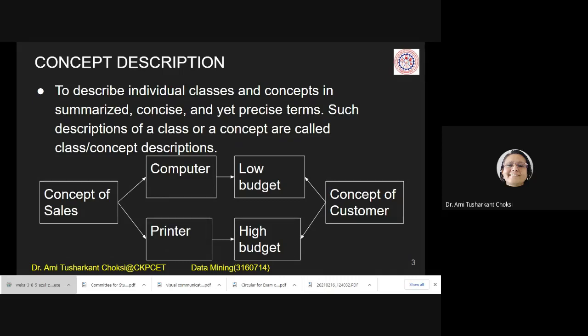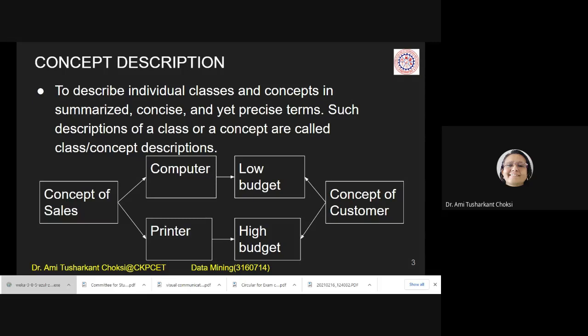So from the point of view of concept of our customer, the customer is having low budget and the customer is having high budget, right? We have the concepts where we say that concept of sales, where the hardware vendor considers computer and printer. For the concept of customer, what we have is low budget and high budget, right?